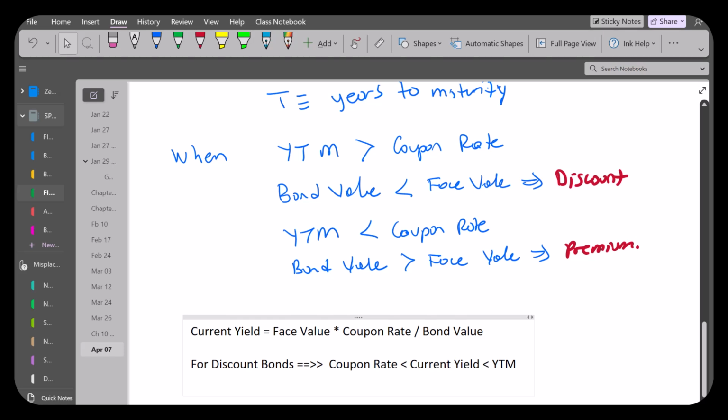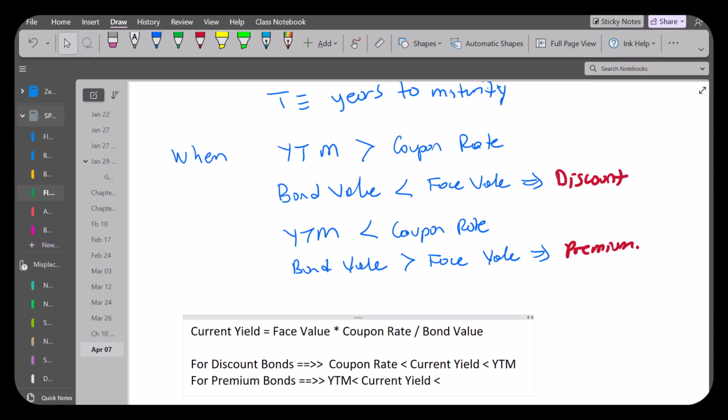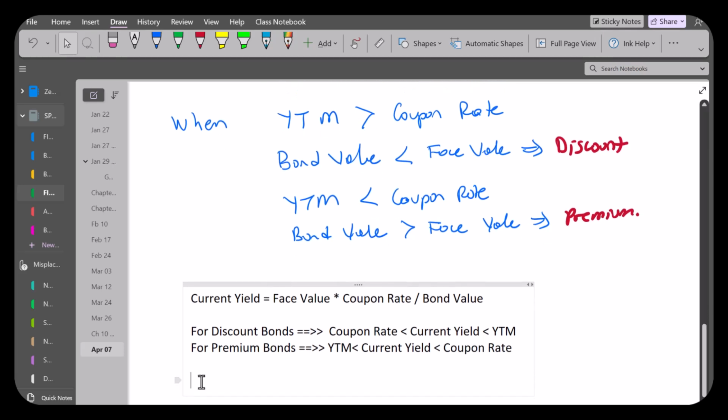For premium bonds, it's the other way around. YTM is less than current yield, which is less than coupon rate. Obviously, for par bonds, they are all equal to the same thing.